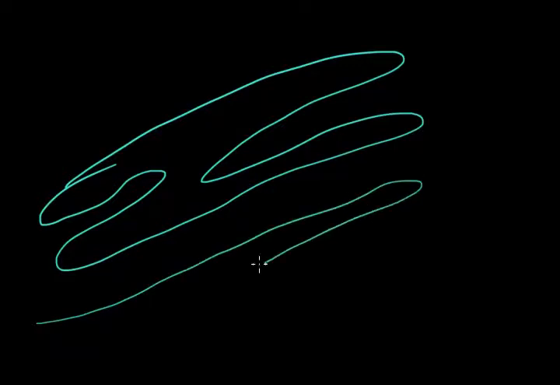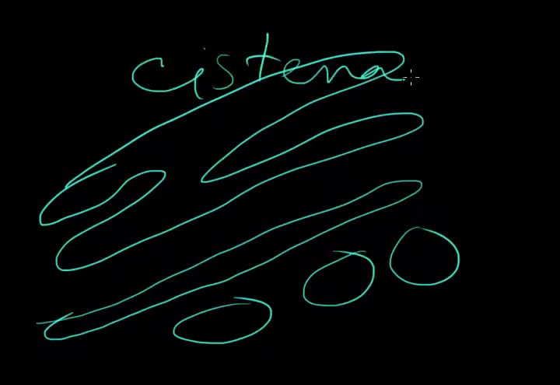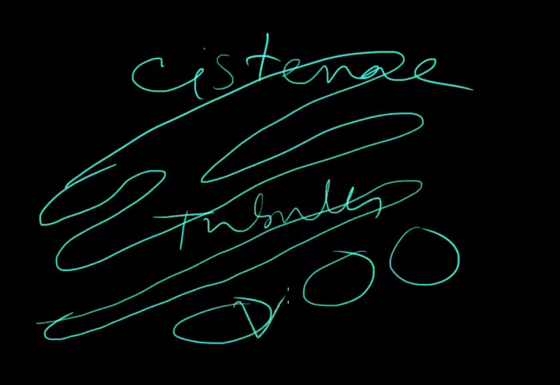So endoplasmic reticulum again comprises three types of components: cisternae, tubules, and vesicles. I repeat their names: cisternae, tubules, and vesicles.